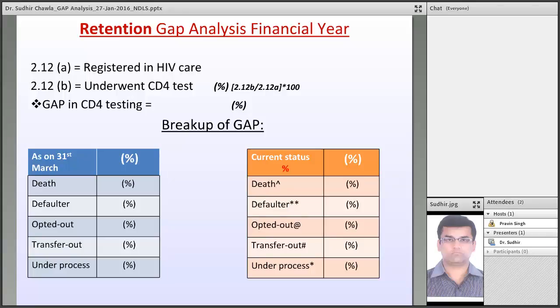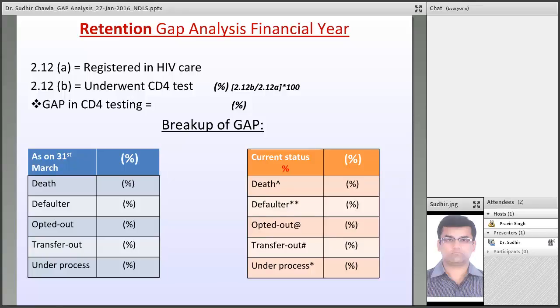Like for TB, we have to initiate TB treatment first, and then after 10 to 15 days, if the patient is tolerating TB treatment, we start ART. That 10 to 15 day period may be considered under process. Another example: the patient underwent a sonography test and the report was available after 10 days. That part can also be considered under process.